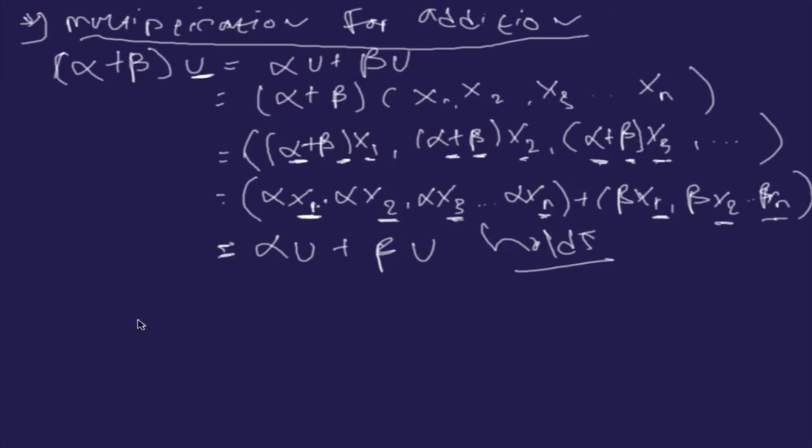Okay, then next we still have the associative property for scalar multiplication.